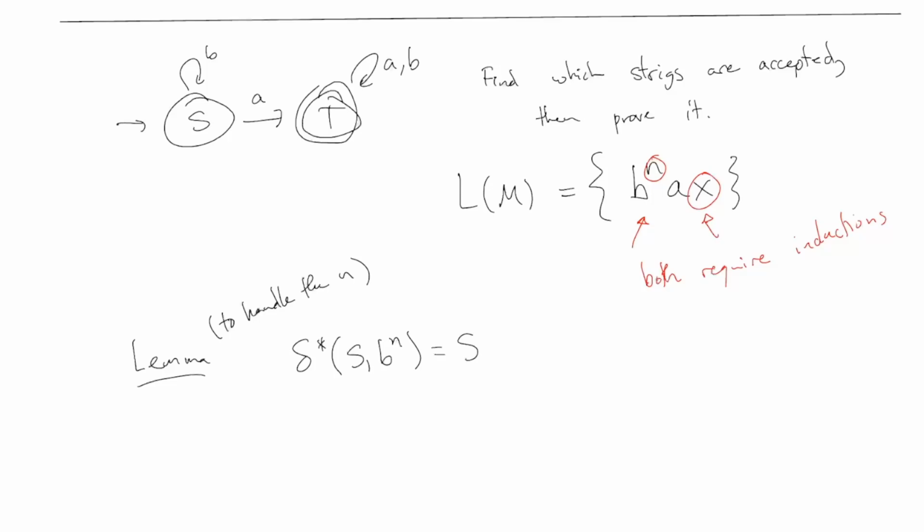That's what I would prove first. This handles the N part at least. Then you can prove the theorem, which would say delta star of S and B to the N A X equals T. The first one will be induction on this N, and the second will be induction using the length of X.